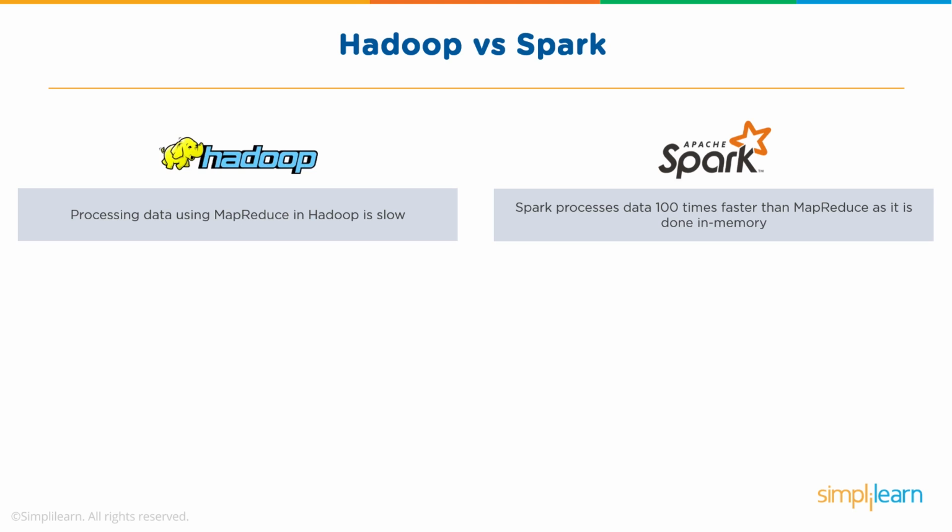Well, there can always be conflicting ideas saying, what if my Spark application is not efficiently coded and my MapReduce application has been very efficiently coded? Well, then it's a different case. However, normally, if you talk about code which is efficiently written for MapReduce or for Spark-based processing, Spark will win the battle by doing almost 100 times faster than MapReduce.